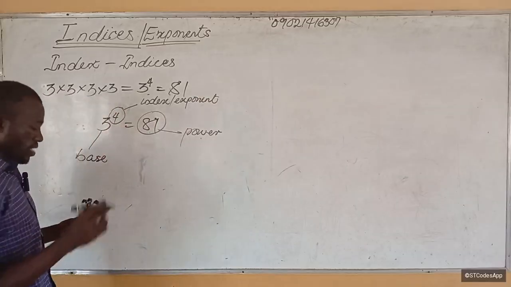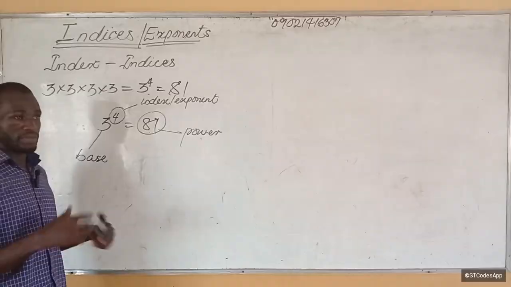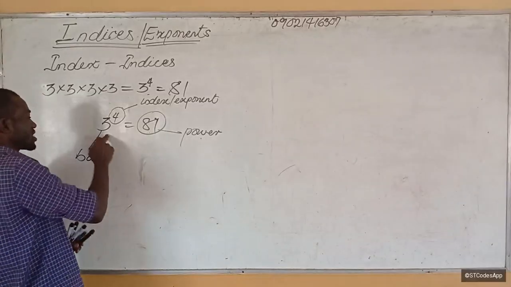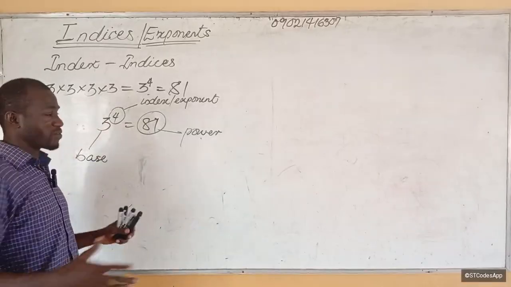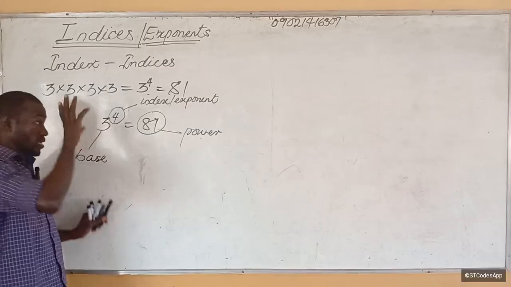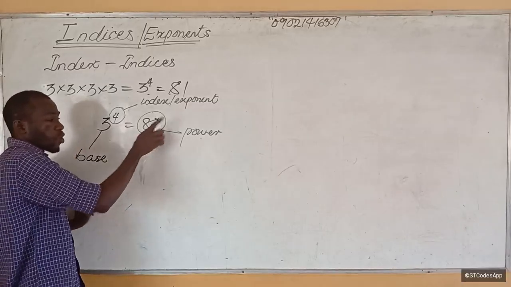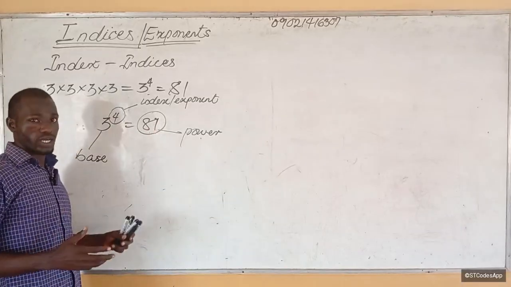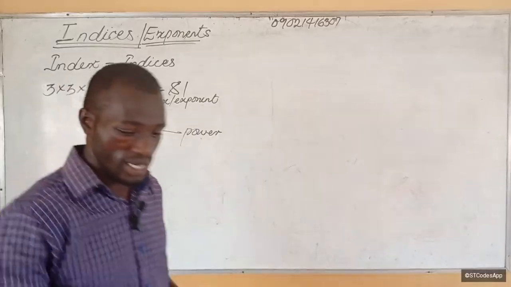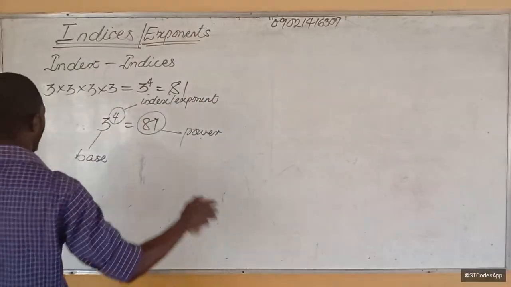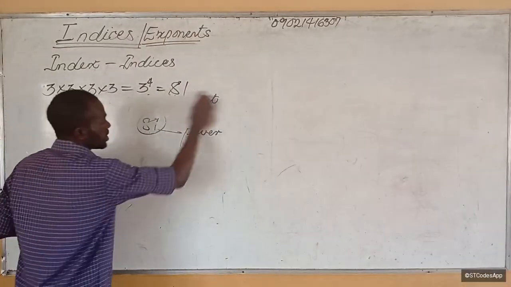But because we have transformed it to just say 3 raised to power 4, we call this the power. So for the purpose of this video, we'll be using power. But actually this was what was called the power before. Do you understand? This is the power of this thing. All right, but let's not get into that. That's for another discussion. So now we understand what index is.